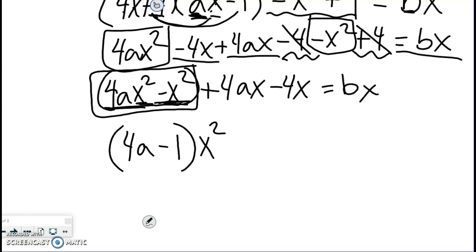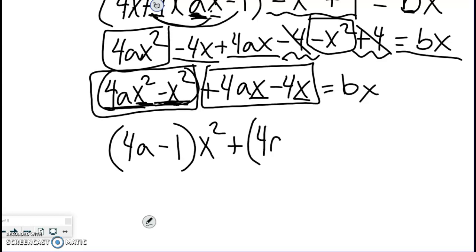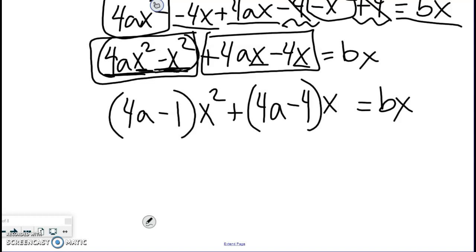Now I also have these that I'm going to group together. If I want to put them in terms of x, because I could factor out an x, I would say plus (4a minus 4) all times x is equal to bx. Okay. Now, this is where you kind of have to use your noggin a little bit.